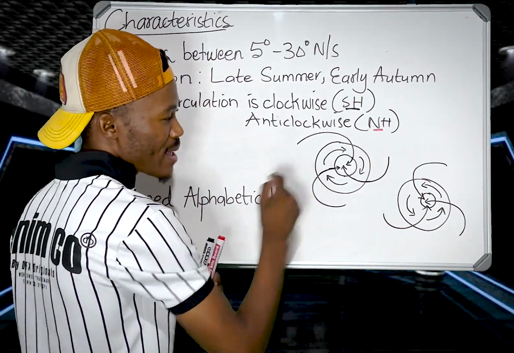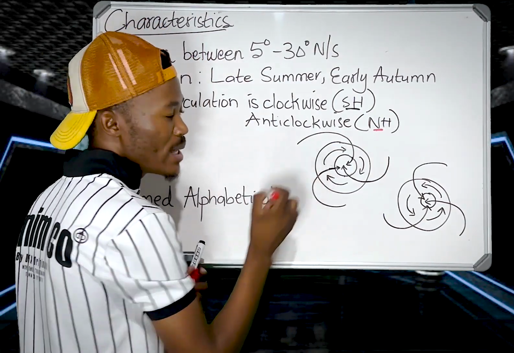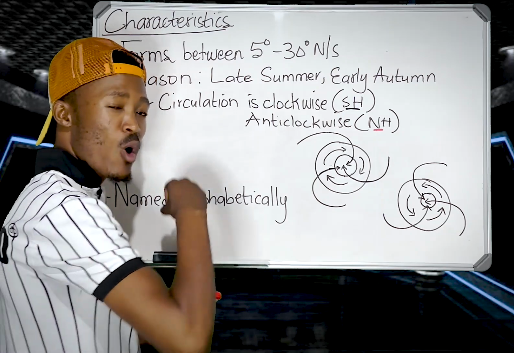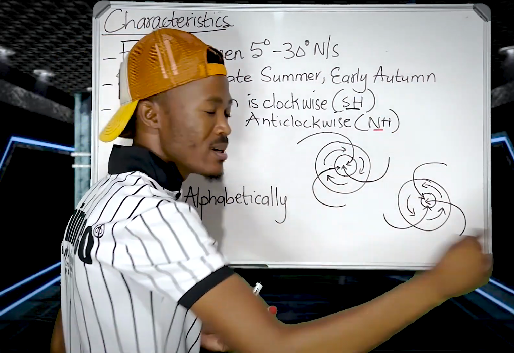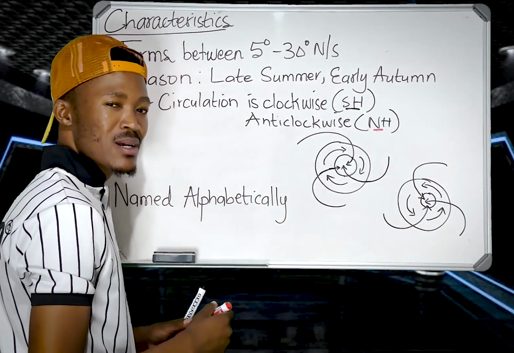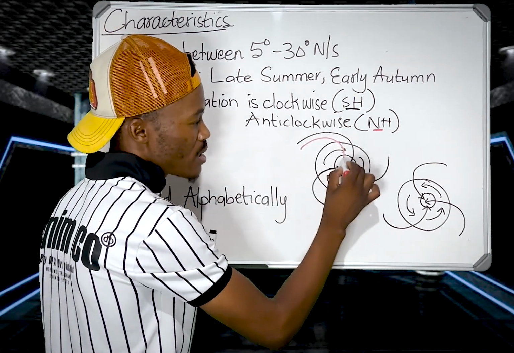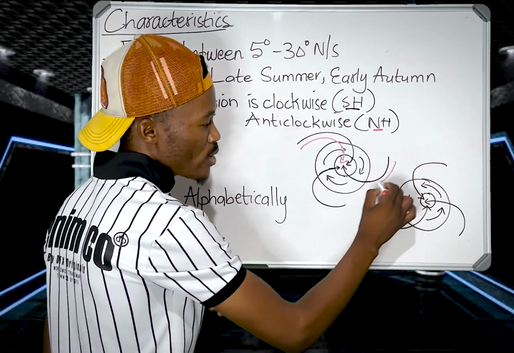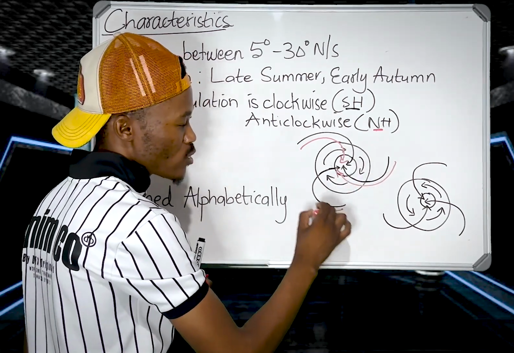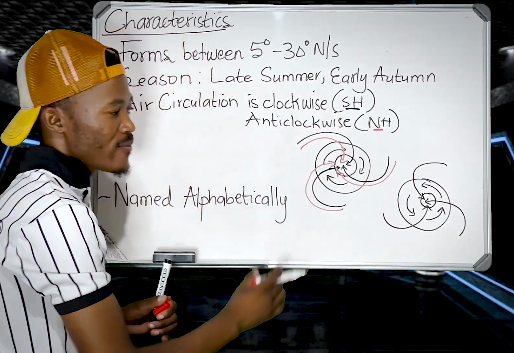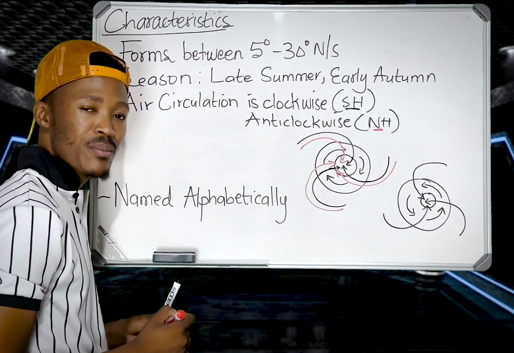When you look at this diagram, remember, the air circulates toward the center, since this is a low pressure system. So the air converges at the center of the low pressure system. So you are going to see this clockwise circulation of air to signify that this is in the southern hemisphere.